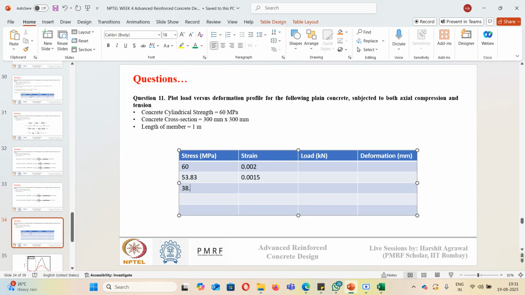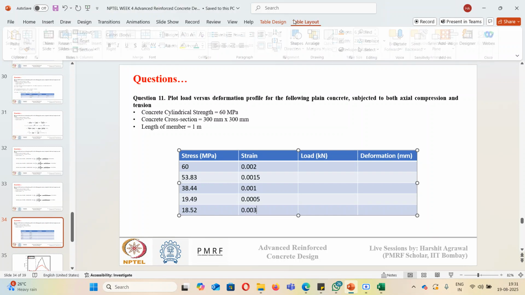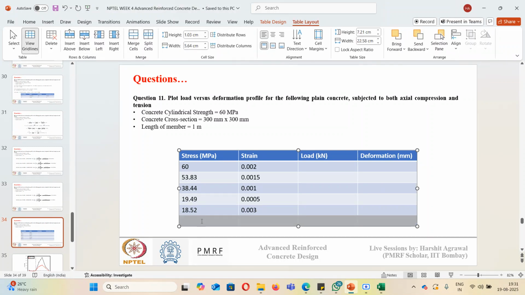We got 38.44 MPa at 0.001. We got 19.49 MPa at 0.0005. And then we got 18.52 MPa at 0.003, and one more point we had, 3.72 at 0.004. So load will be nothing but area times the stress.